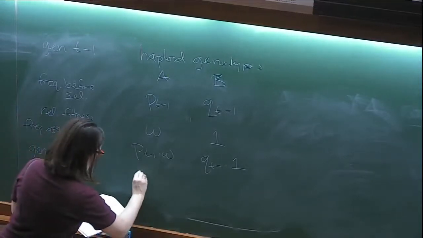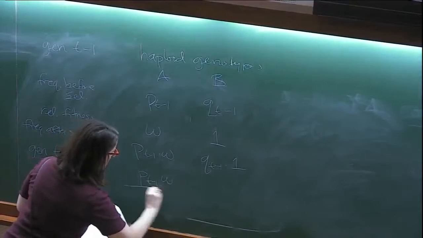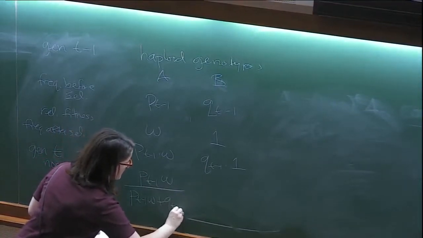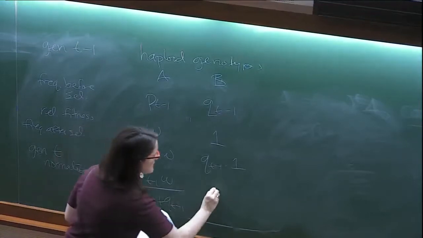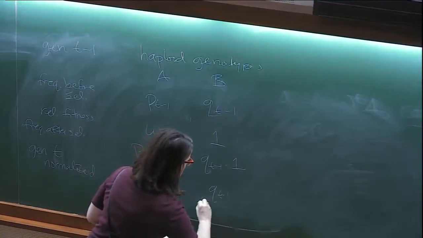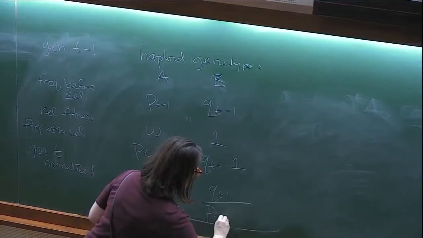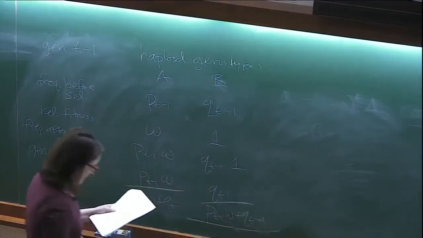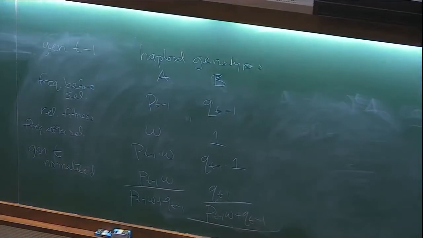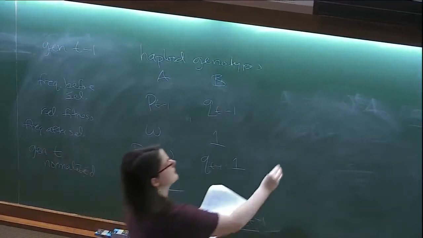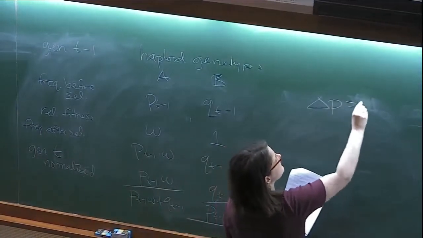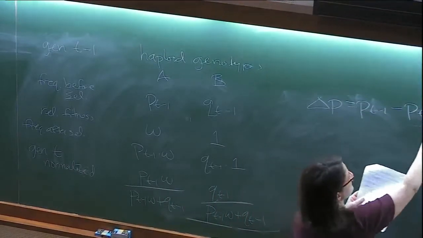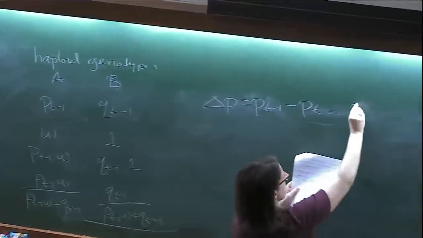So we'll get P of T minus 1 times W over the sum of the two, and the same thing over here. And then we can ask our question, what happens in one generation? You can do some algebra and you end up with something that looks like this.